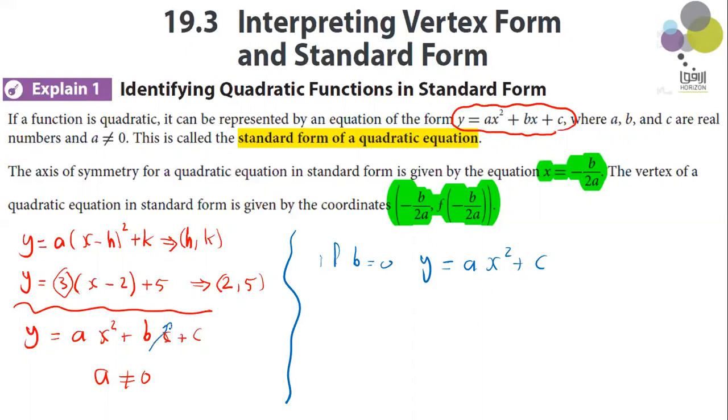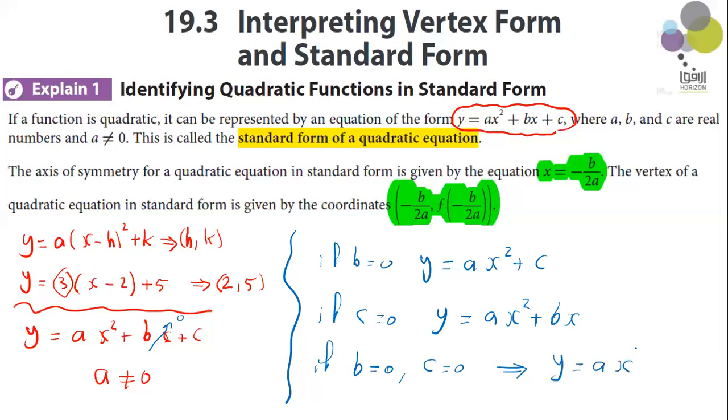If c equals 0, the function will be y equals ax squared plus bx. If b equals 0 and c equals 0, the function in standard form will be like what we studied before, ax squared. A can't be 0 at all.